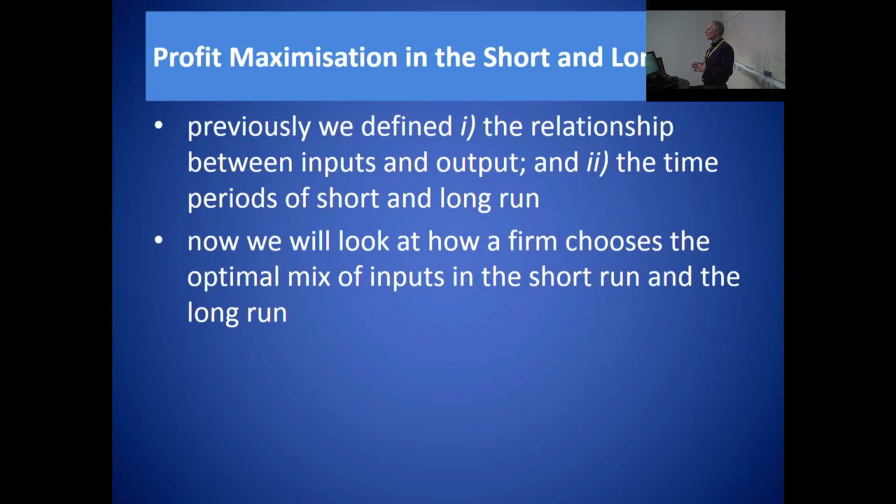Now, what you're going to learn from today is this: we've said how a firm combines inputs to produce output in the short run and the long run. What we're going to look at in today's lecture is how a firm chooses the optimal mix of inputs to produce its output in both the short run and the long run.